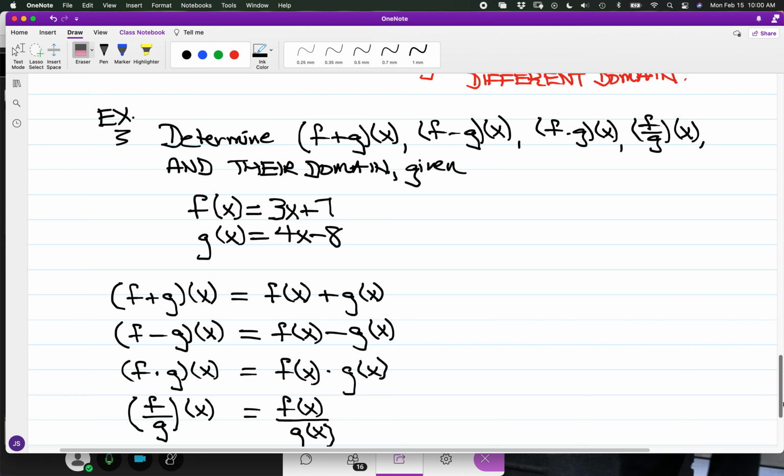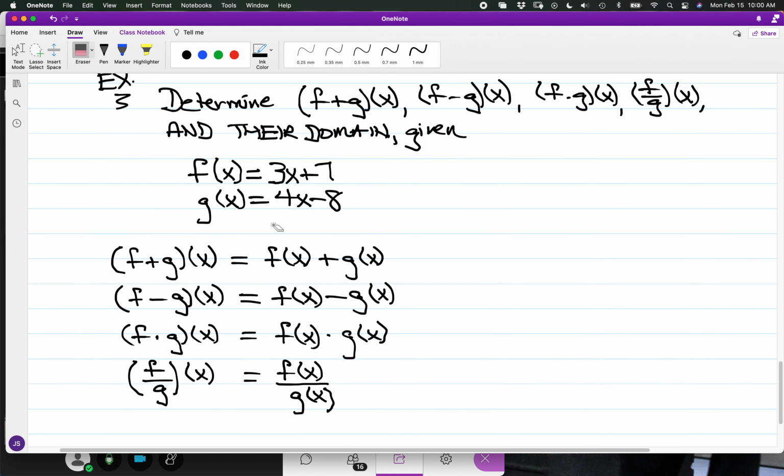Okay, so we have specified f of x as 3x plus 7, and we have g of x as 4x minus 8. Okay, so for f of x plus g of x, again we have f of x as 3x plus 7, and we have g of x as 4x minus 8.